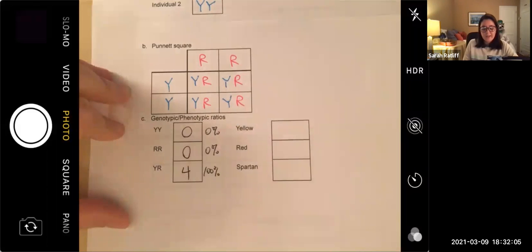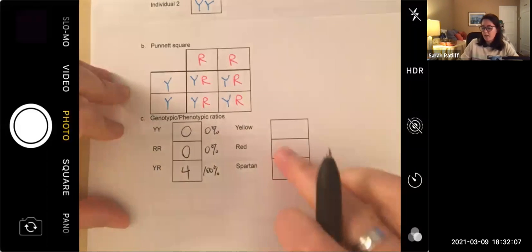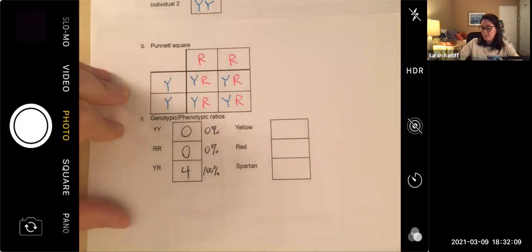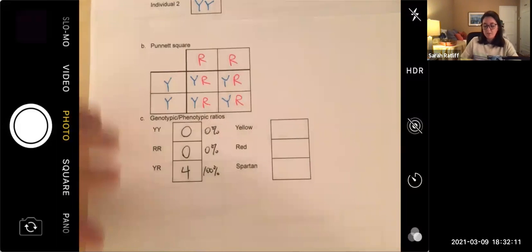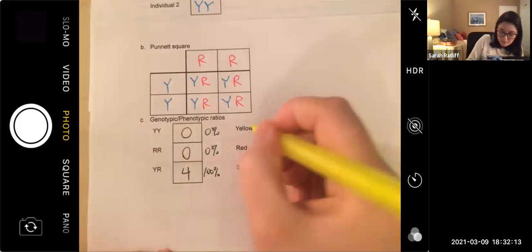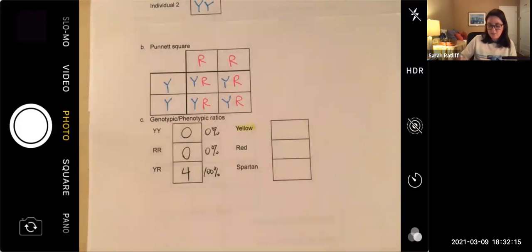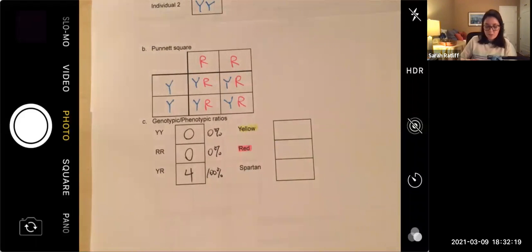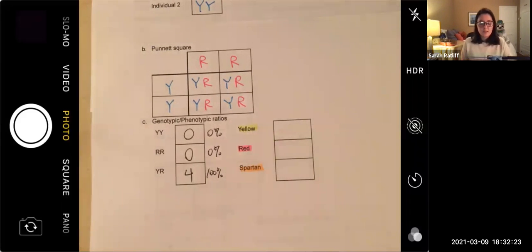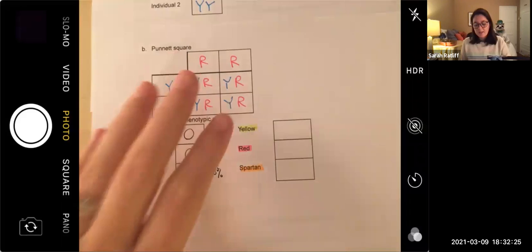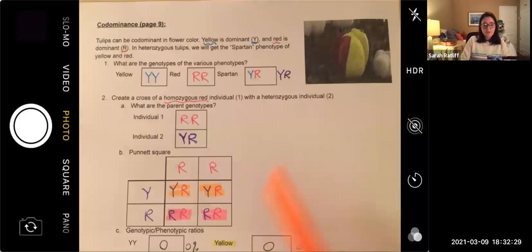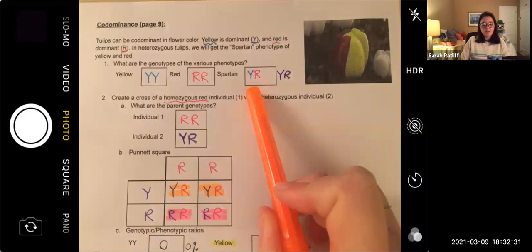Cool, cool, cool. Now let's take a look at our phenotypes. Just like the last one, I'm going to mark the yellow ones with a yellow highlighter, the red ones with a pink highlighter, and our Spartan color here with an orange. Now, going back to the first page, the Spartans are our heterozygotes.